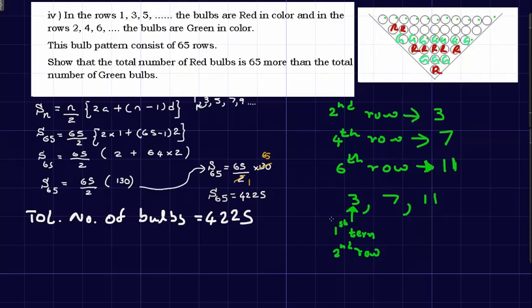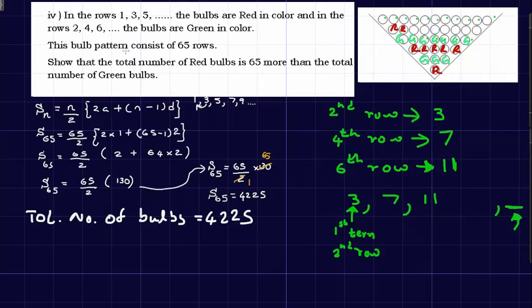Now, one thing we have to find out initially is how many terms altogether are going to come in this green color arithmetic progression I have written. What would be the number of terms? The last term, what would be the term number? How would we figure that out?